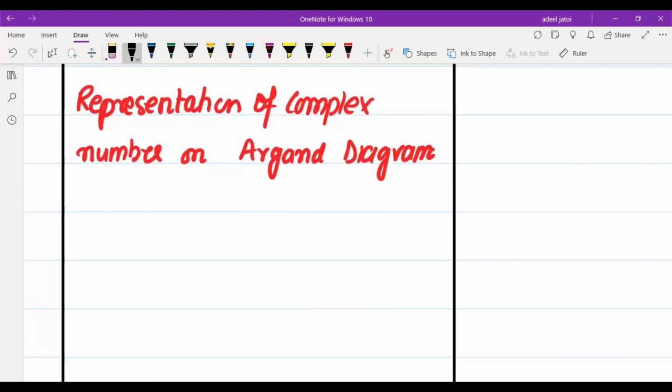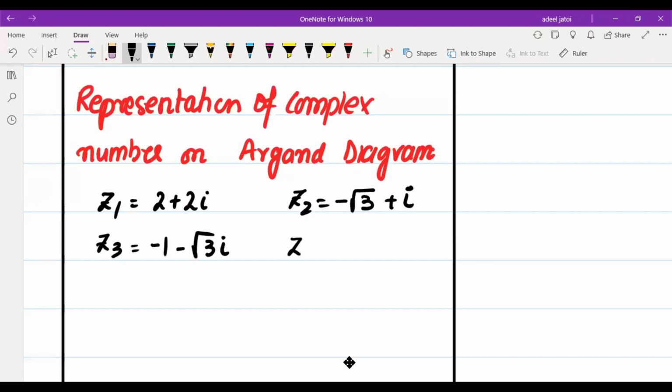Let's work with, let's say, z1 is 2 plus 2 iota, z2 is negative root 3 plus iota, z3 is negative 1 minus root 3 iota, and let's say z4 as 3 minus 3 iota.